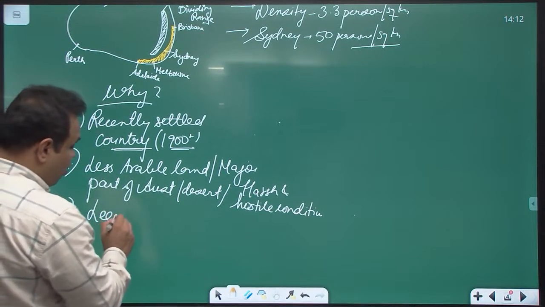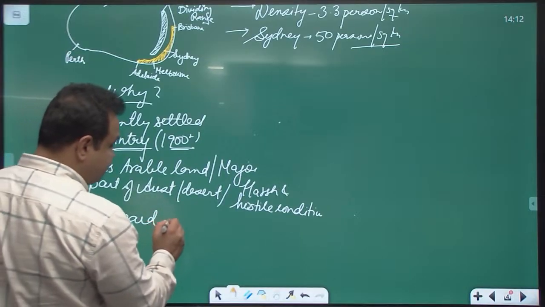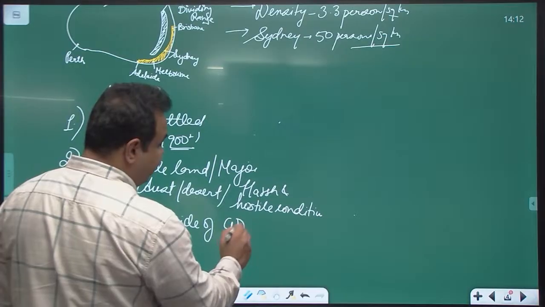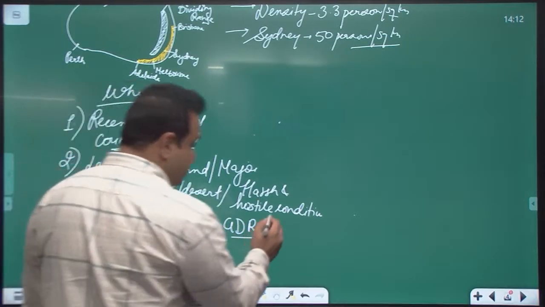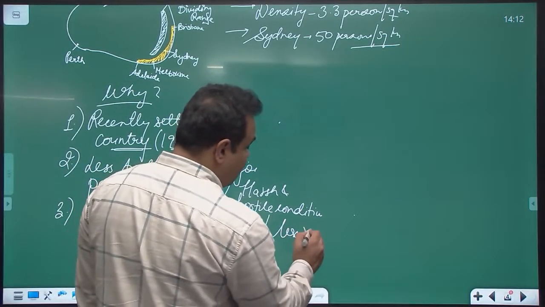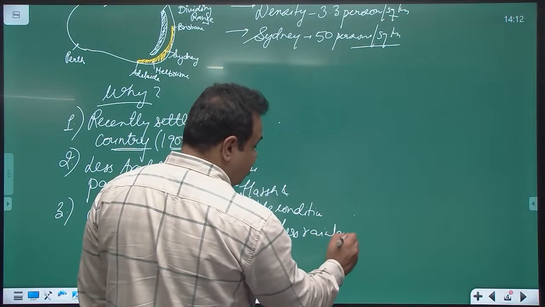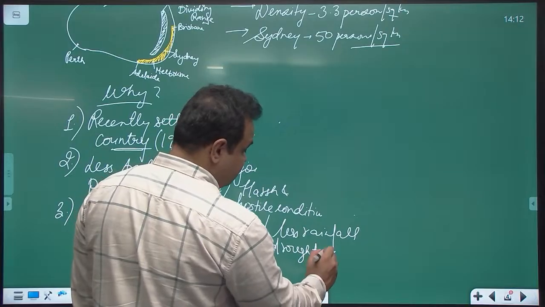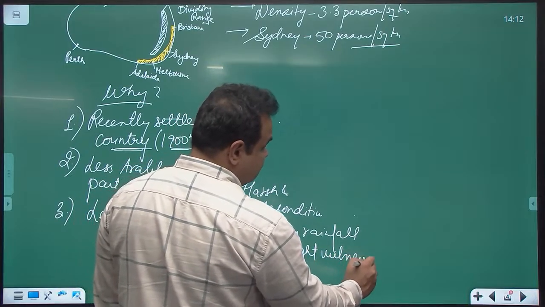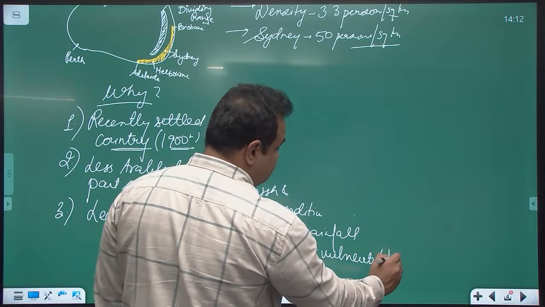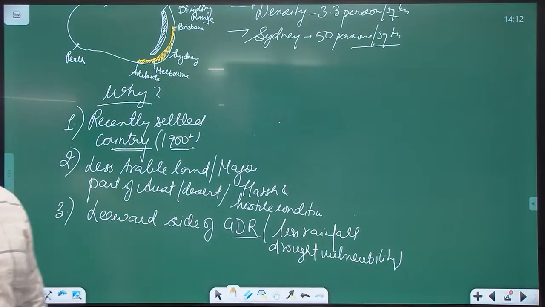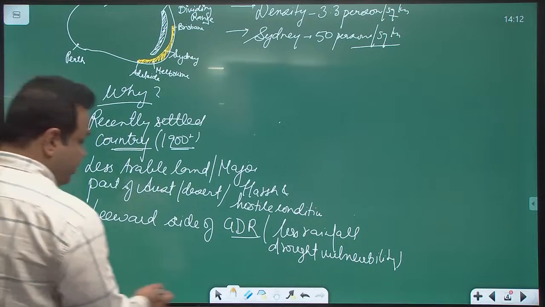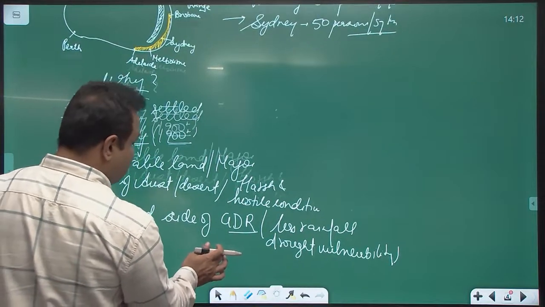Leeward side of Great Dividing Range means obviously leeward side है तो less rainfall and the drought vulnerability is more. ठीक है. Leeward side of GDR maximum area है and the drought vulnerability is also high.